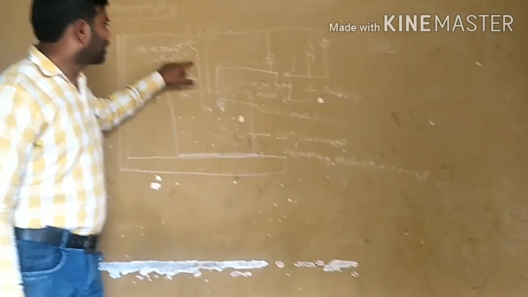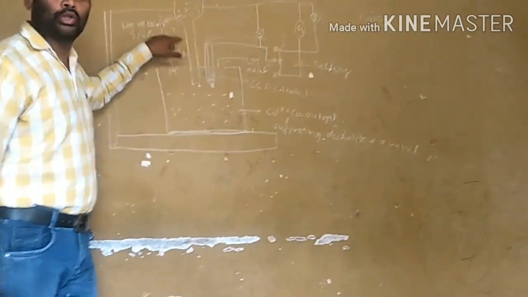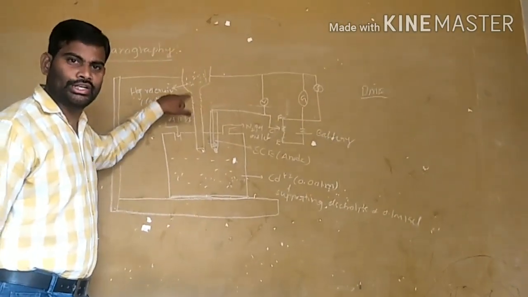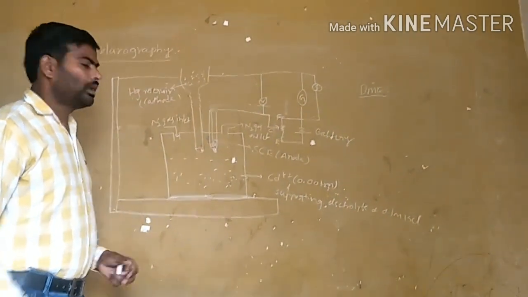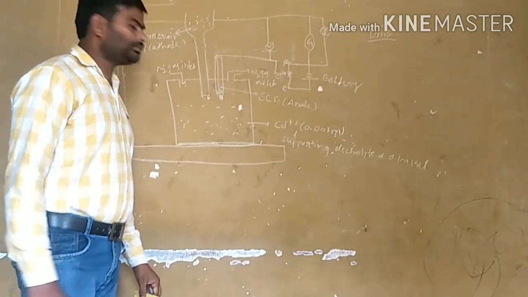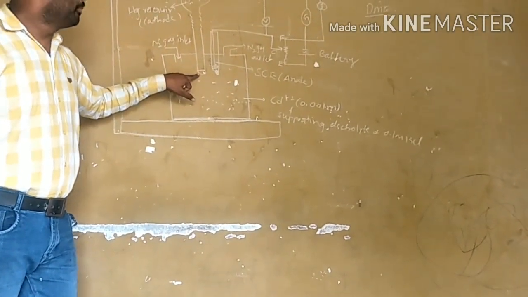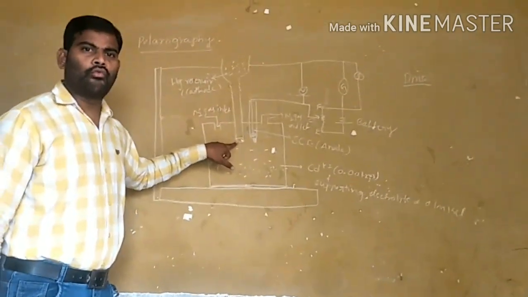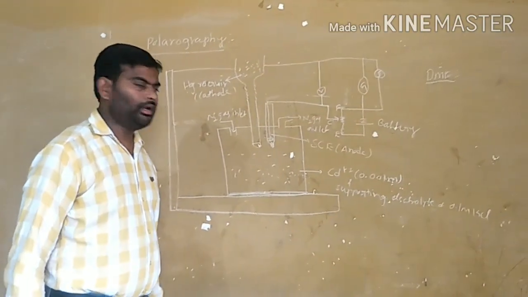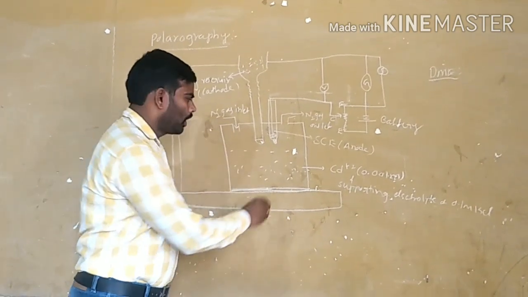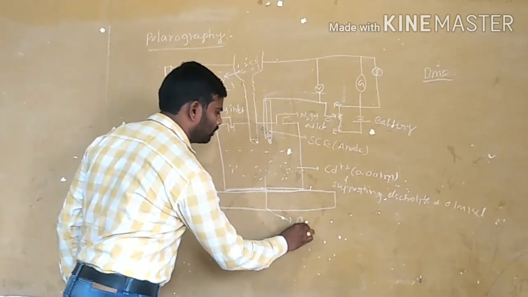With this, the height of the mercury reservoir can be adjusted, and from the mercury reservoir the mercury drops will form and fall into the polarographic cell.